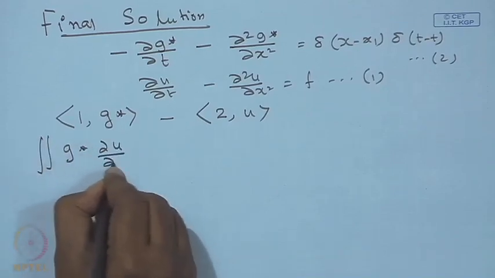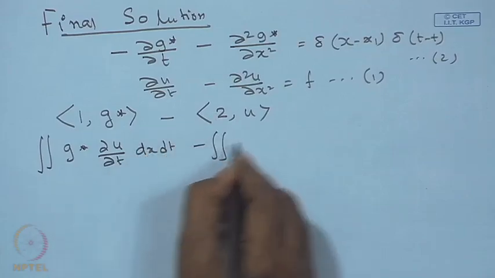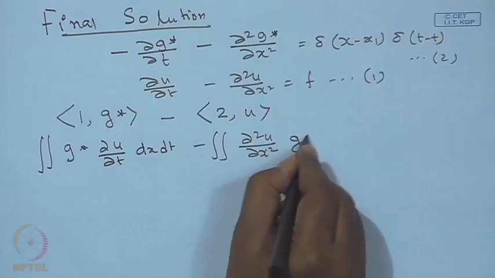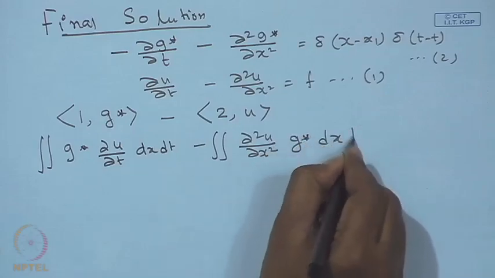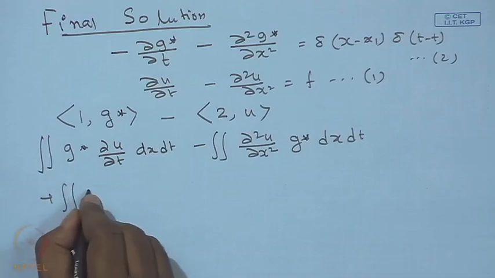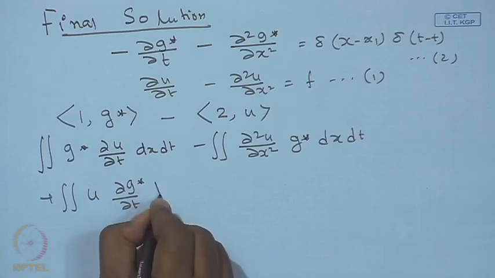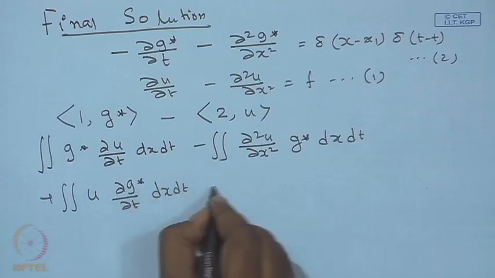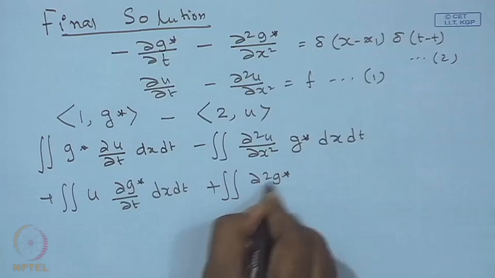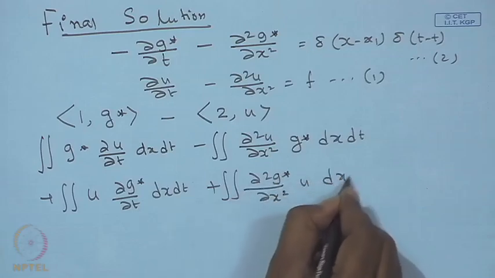If you do that, what you will be getting is the double integral of g star del u by del t dx dt, minus the double integral of del square u by del x square g star dx dt, plus the double integral of u del g star by del t dx dt, plus the double integral of del square g star by del x square u dx dt.